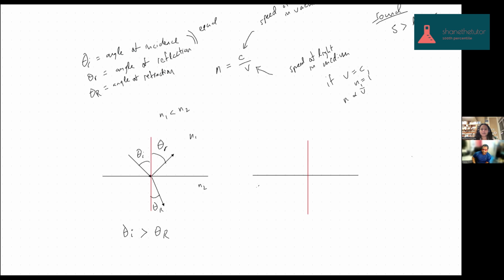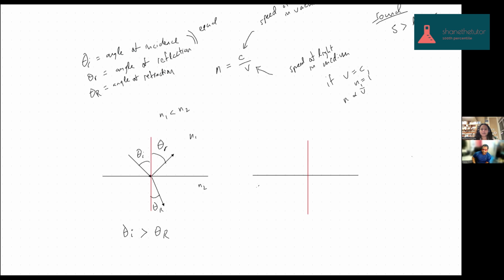But now, what about, let's say, N1, N2, but let's say now N1 is larger than N2. Then it would be bending away from the normal.